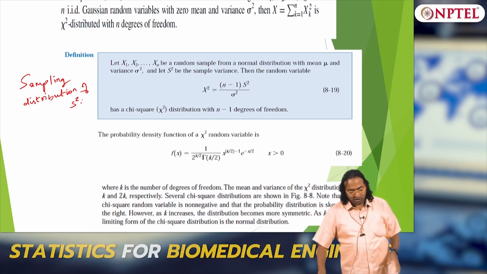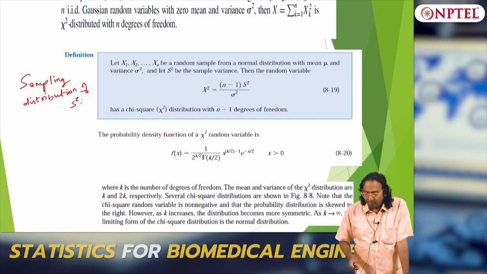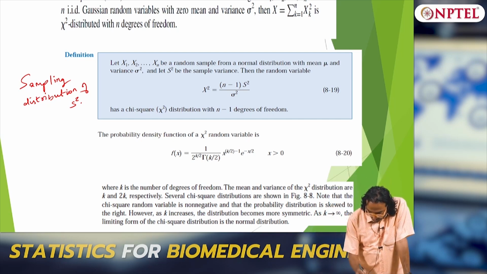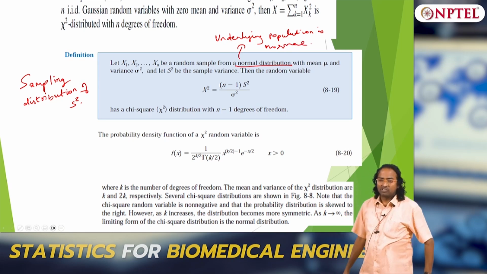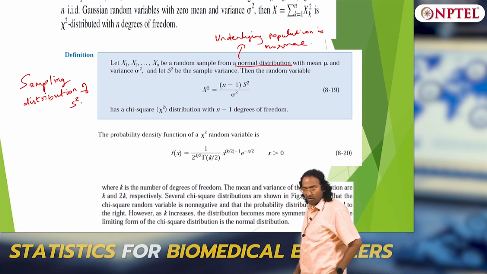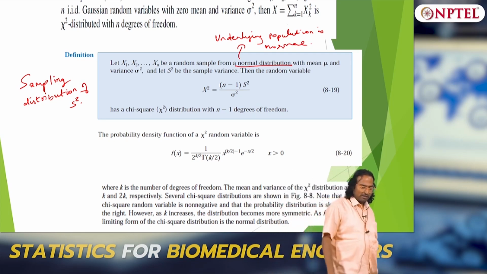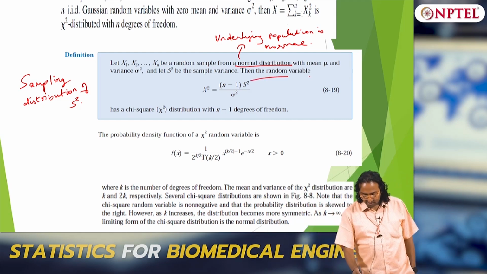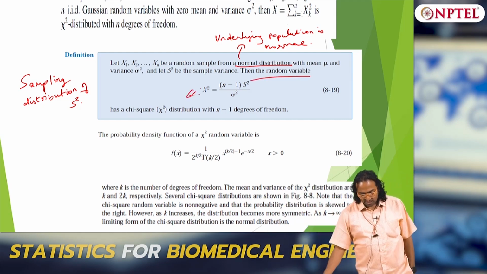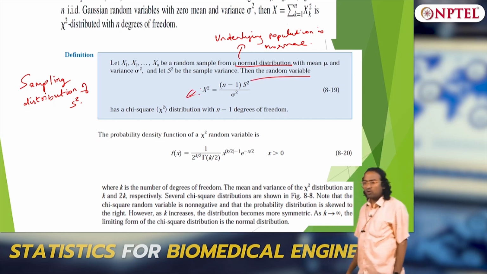So if x1 to xn is a random sample from a normal distribution, so the underlying population is normal, with mean mu and variance sigma squared, and S squared is the sample variance, then the random variable chi squared is nothing but n minus 1 times S squared by sigma squared.